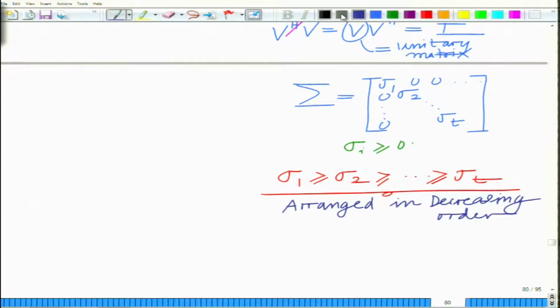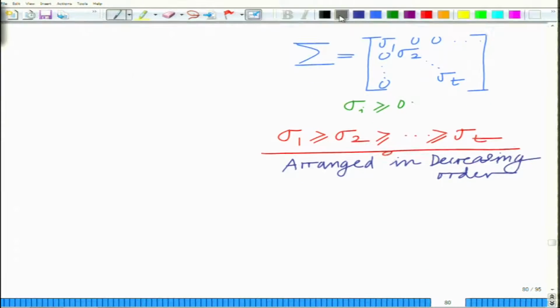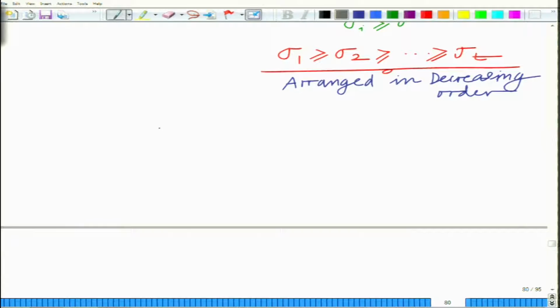Okay, and therefore, now you can write the matrix H equals U, which is R cross T, which means it contains T columns, each of size R: U1 bar, U2 bar, and so on up to UT bar, which are orthonormal columns.